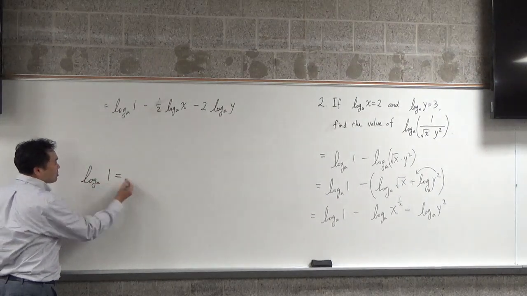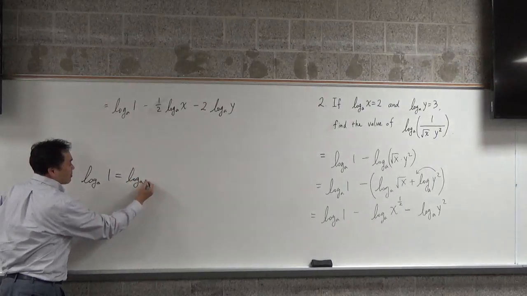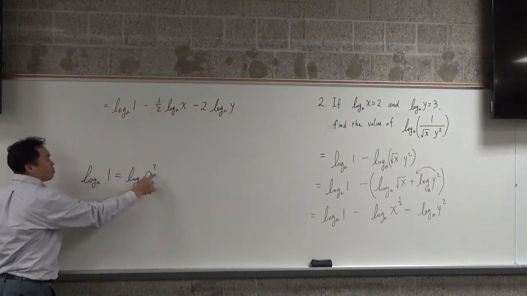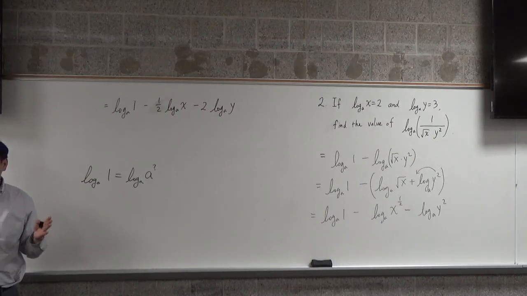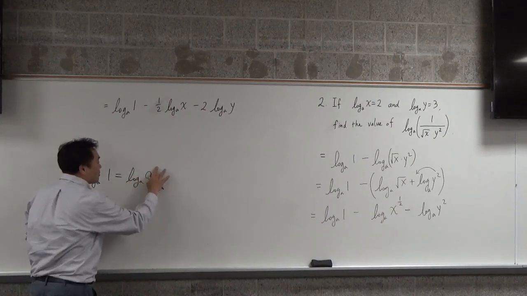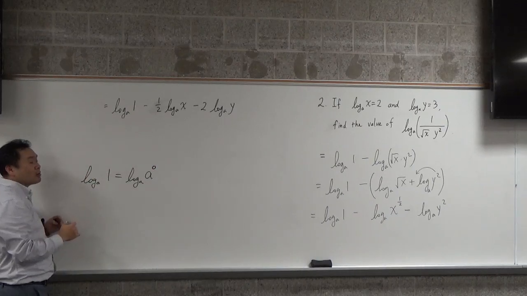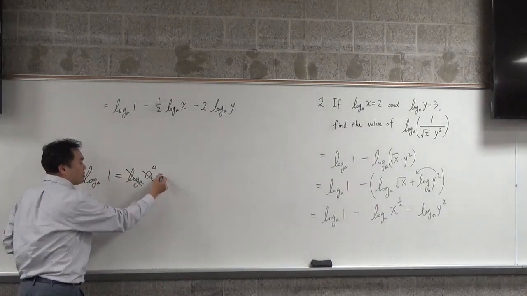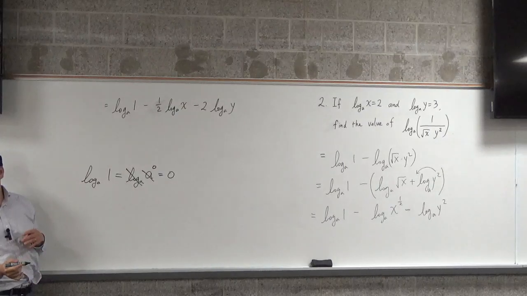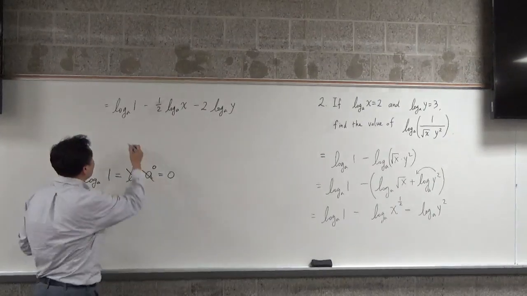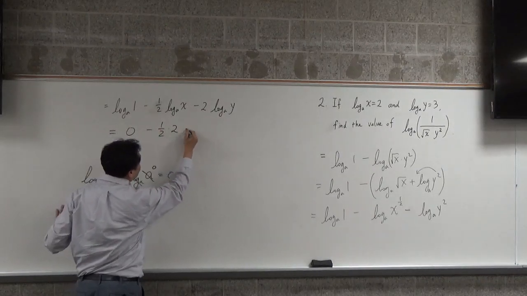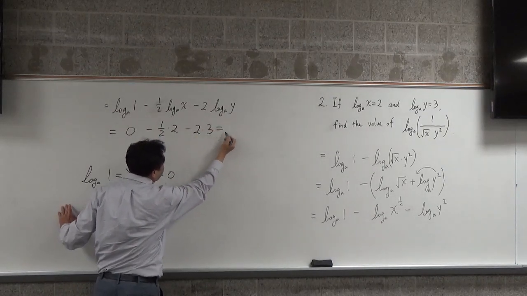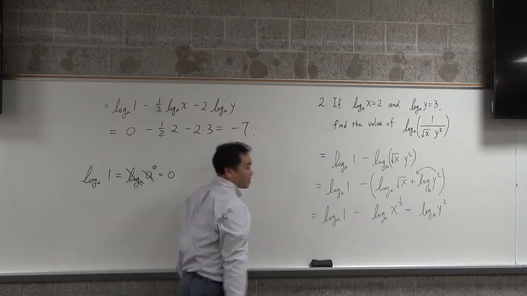Well, you can rewrite this as log a of a to some power. a to what power is 1? Anything to the 0th power is 1, right? So you have 0th power as 1, and then once you do that, you get 0. Is that okay? So that gives you this as 0 minus 1/2 times 2 minus 2 times 3. And if you compute this, you get -7 as the answer.